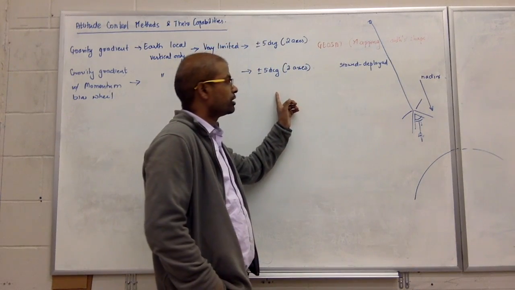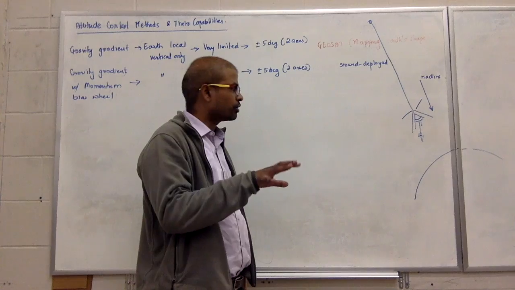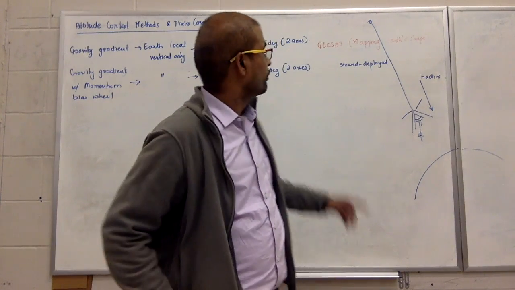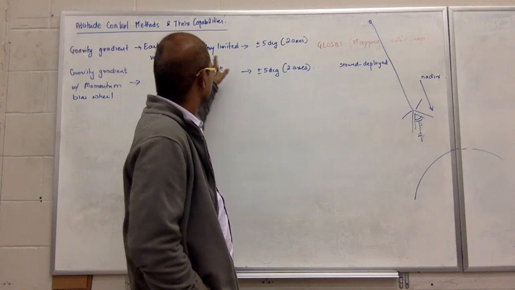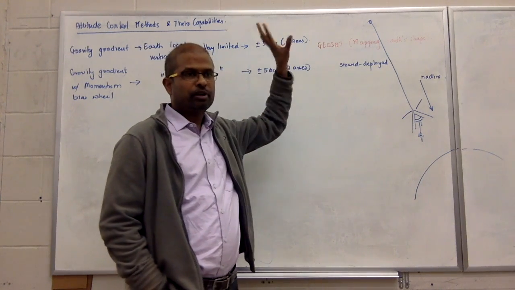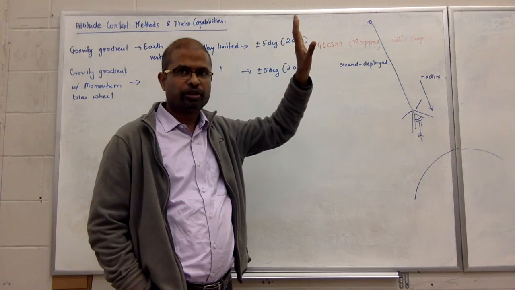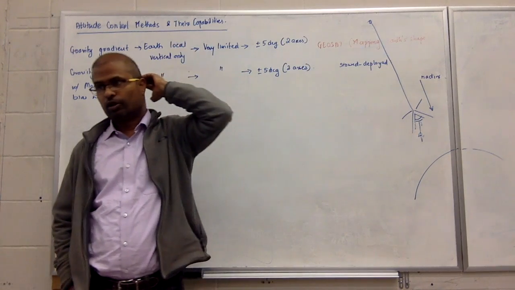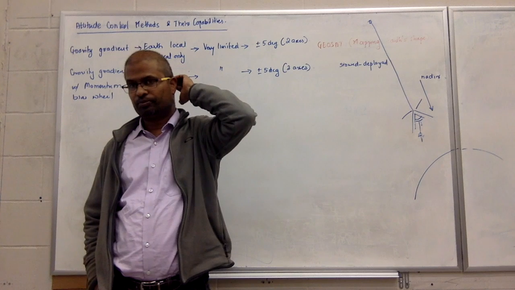So if it always has to point to Earth with respect to the local vertical, it will be off by plus or minus 5 degrees. Two axis. Why does it say 2 axis? What do you understand by 2 axis? Anybody?